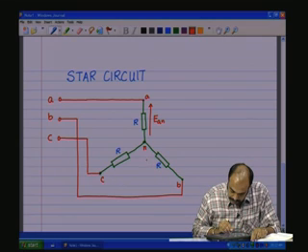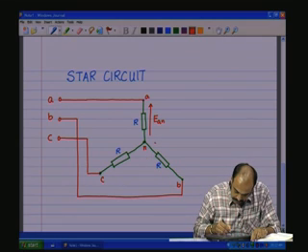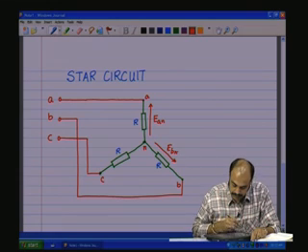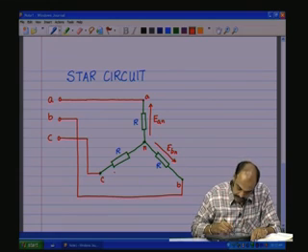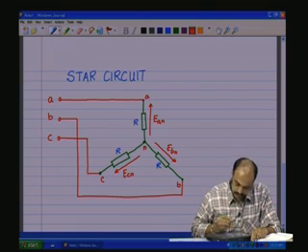The voltage in the B phase is EBN, and the voltage in the C phase with respect to the neutral is ECN.